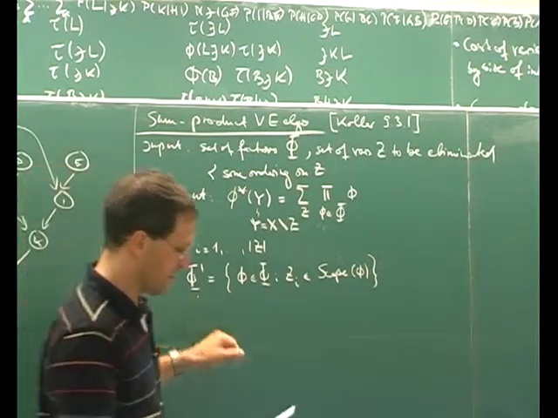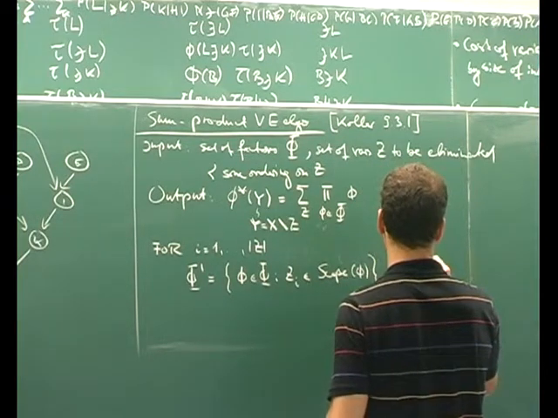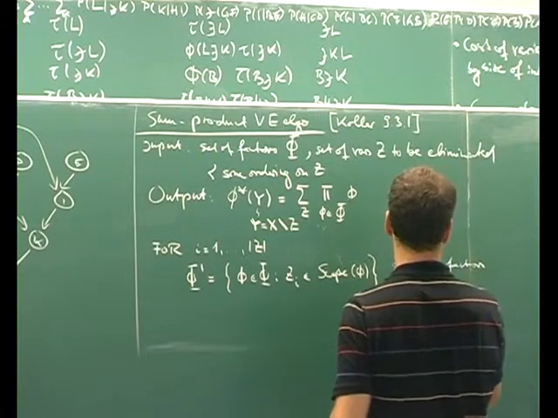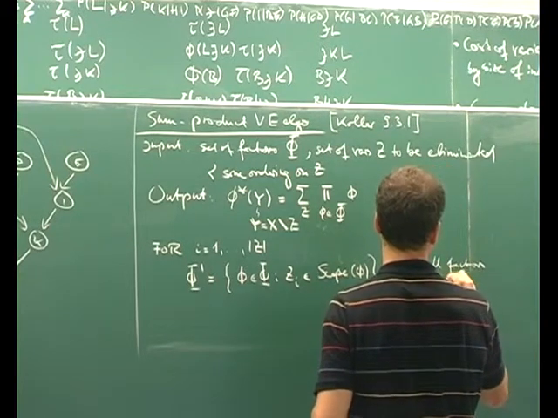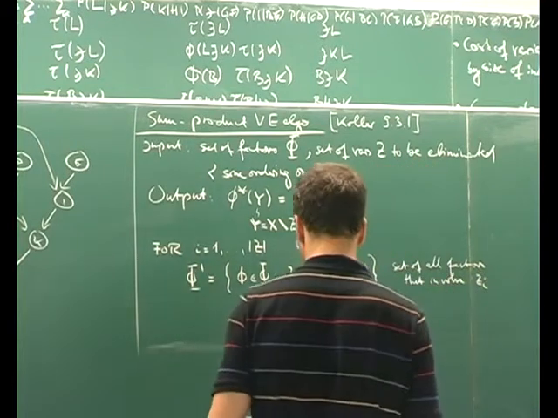And here we have hence collected the set of all factors that involve the variable z_i that we want to eliminate.